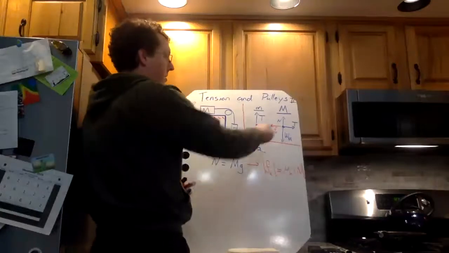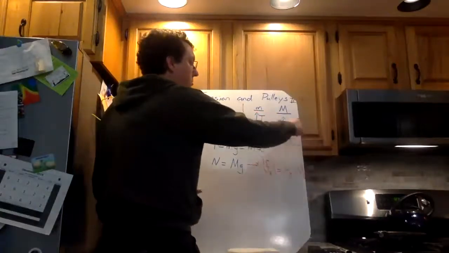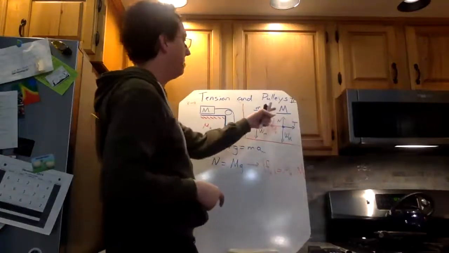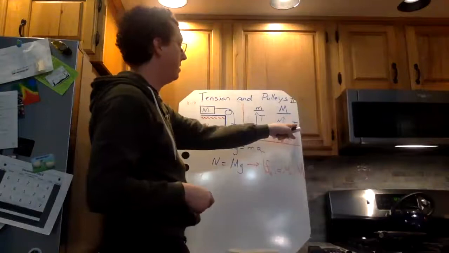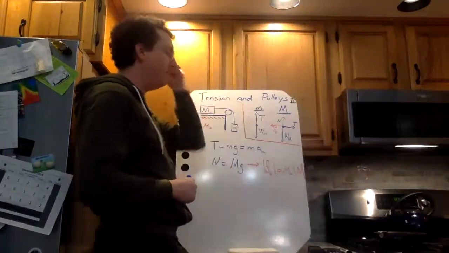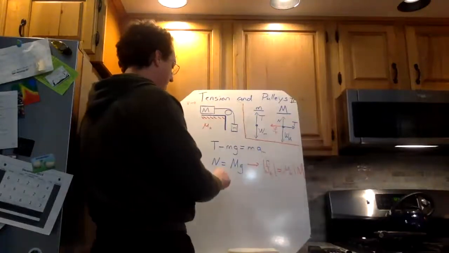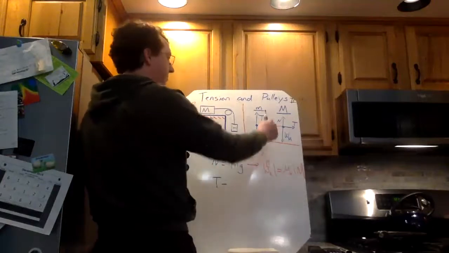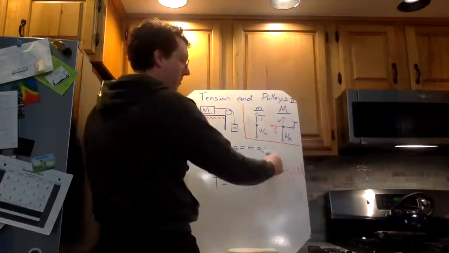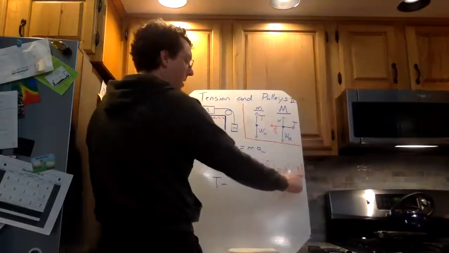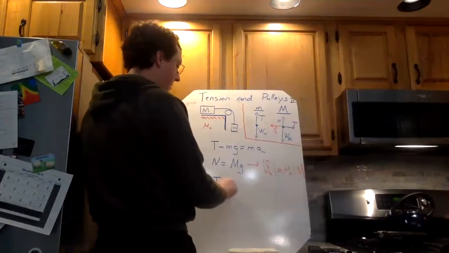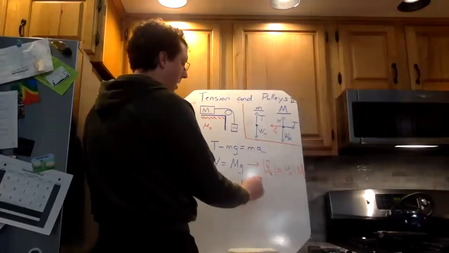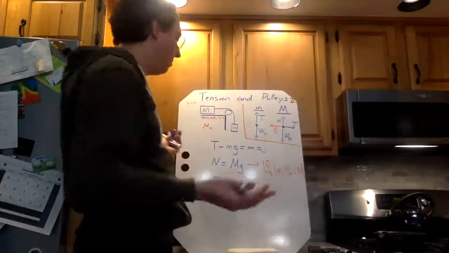All right, now I can focus on the new part to this problem. Before, the only force acting on the large mass in the horizontal direction was tension. Now there's also a negative friction component. So I can say that T minus the friction force, but over here I found that the friction force was mu sub k times the normal. So that's T minus mu sub k times the normal. I'm going to drop the magnitude symbol because we know it's positive.